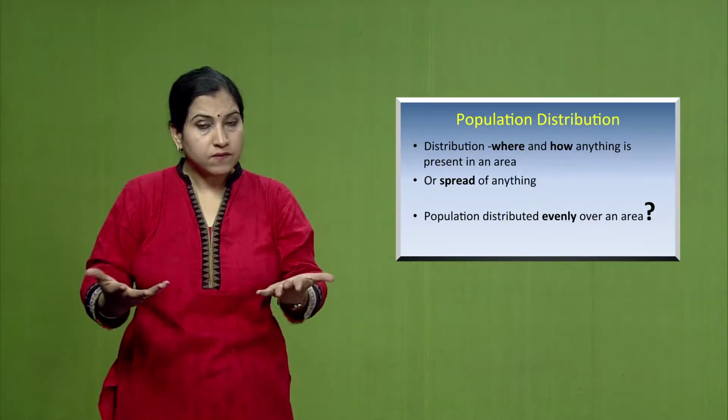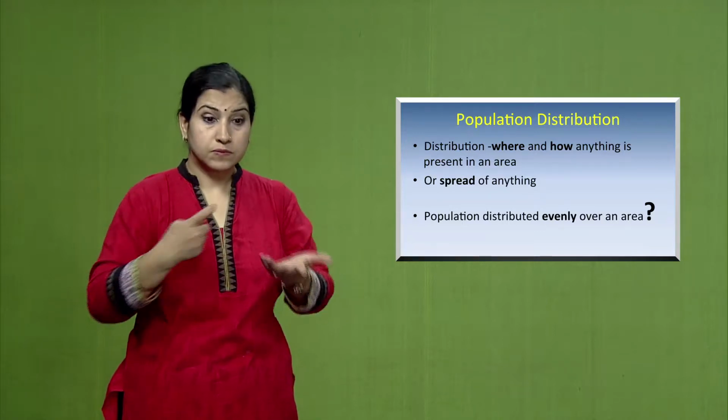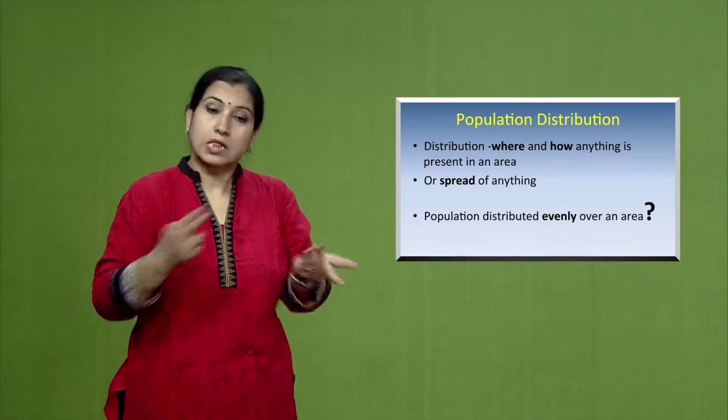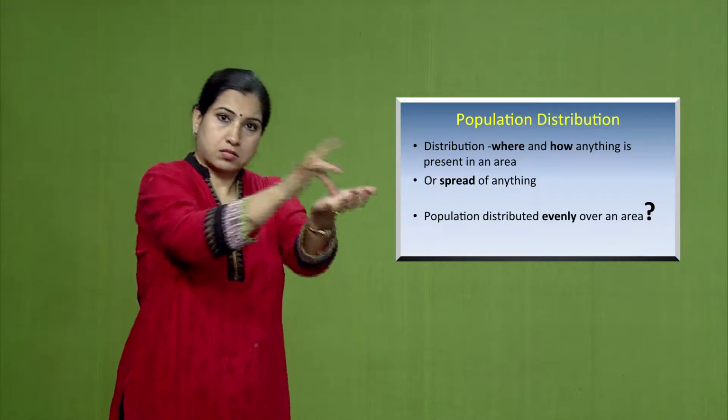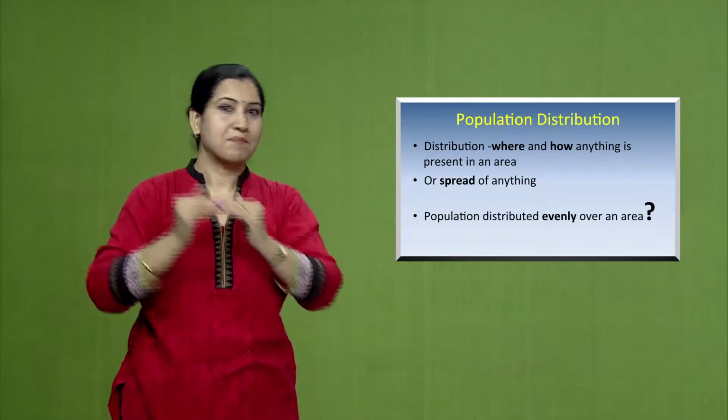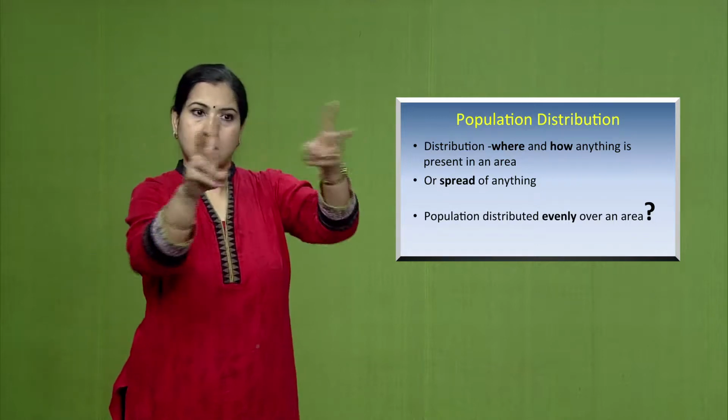So, by now you might have understood that resources, whether natural or any other, are not evenly distributed. For example, natural resources like forests or iron ore or coal are not found evenly in the world and also within our own country.